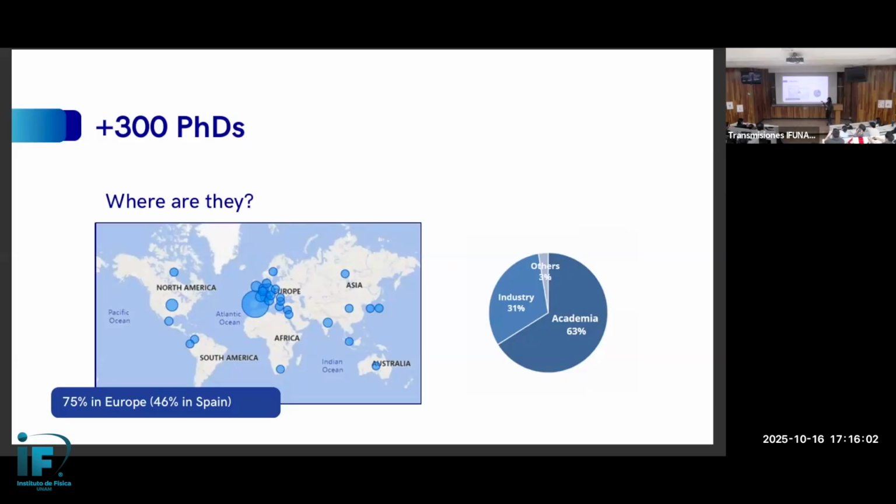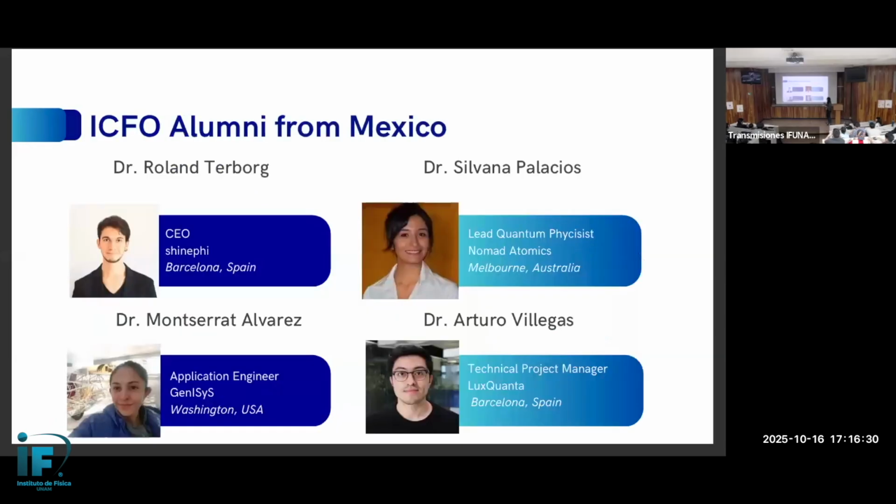As you can see, 70% of them are in Europe right now, and 46% in Spain. I put this data just for you to check what they are doing now. 63% of them are still in academia after the PhD, and 31% in industry. And the others are pursuing perhaps a career like mine, working now in academic affairs.